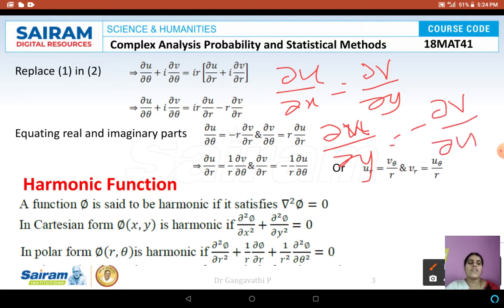So we are trying to put it in this form itself. So u_x is replaced by u_r. So u_r is v_θ divided by r, and v_r is equal to negative of u_θ by r. I think minus is missing here. You should have that minus there. Okay, so this is the result that we get, CR equations in polar form.